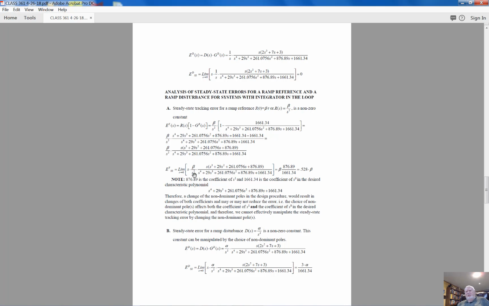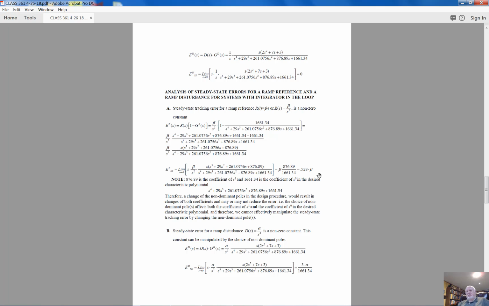These S values will be cancelled. And what will be left is this. Beta will stay. Beta is the slope of the ramp. And then I have 876.89 divided by 1661.34, which gives me 0.528 times beta. This is the expression for the error for a ramp reference.